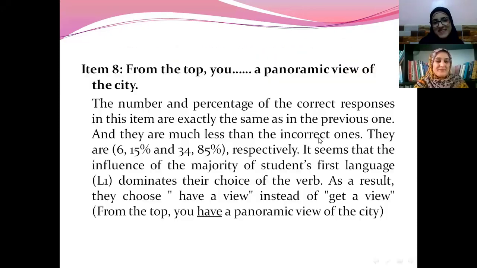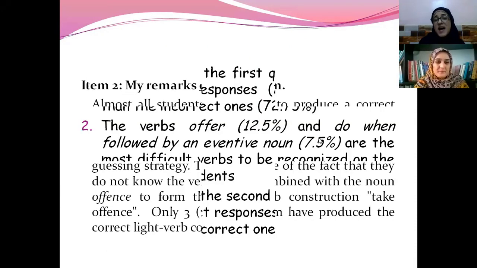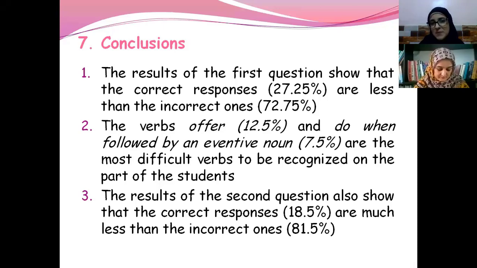So out of what has been presented, we can infer the following. The results of the first question show that the incorrect responses are much more than the correct ones, which means that the Iraqi EFL learners face a serious difficulty at the recognition level. And we have seen that with the verbs offer and do when followed by an eventive noun, the students face the most difficulty in recognizing such verbs.